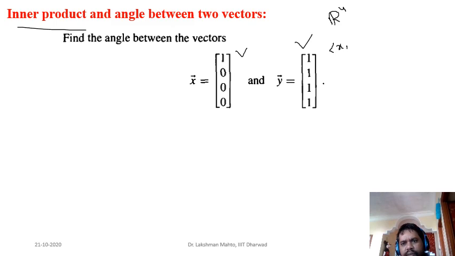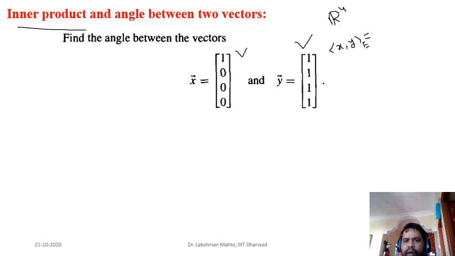It is very simple. First find the inner product between these two. If no basis is mentioned, as I had already mentioned, your basis is by default the standard basis. So here you are trying to find the inner product of the given vectors with respect to the standard basis.